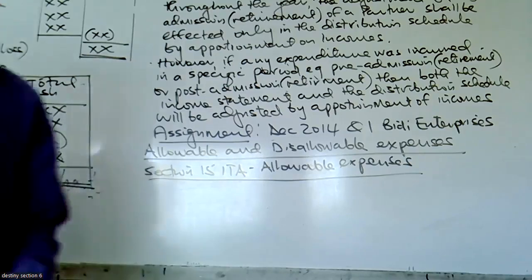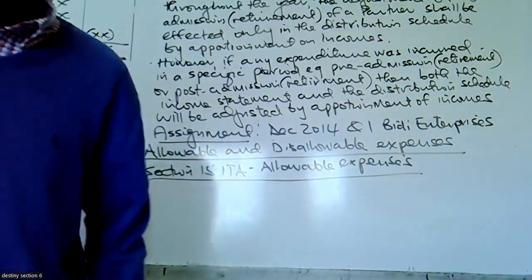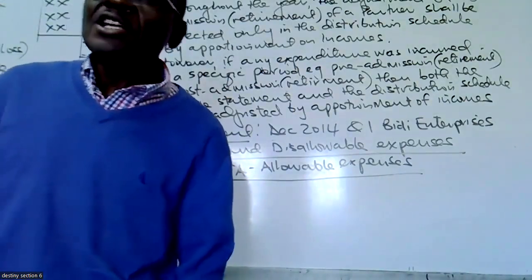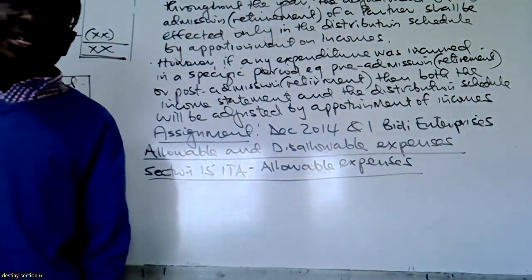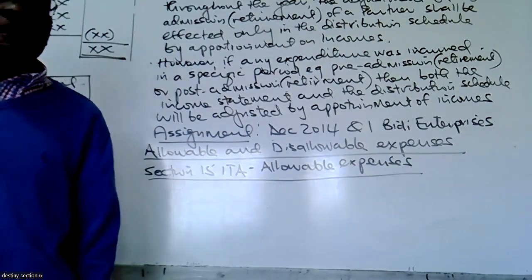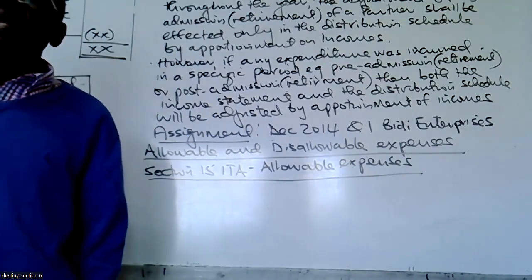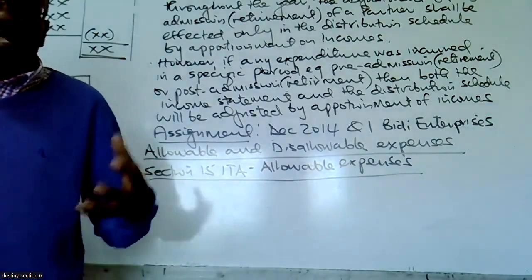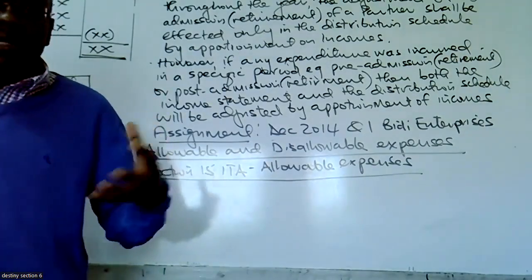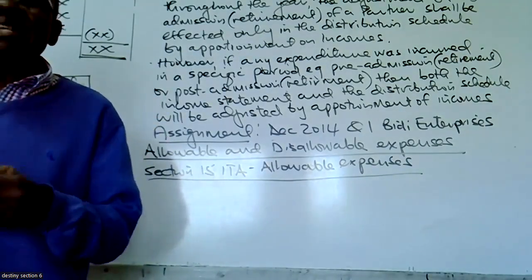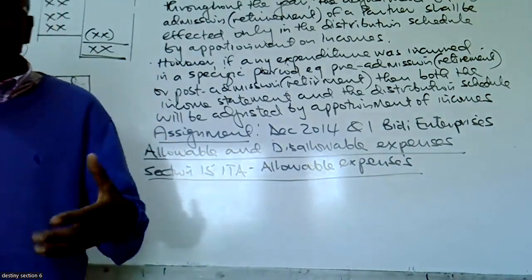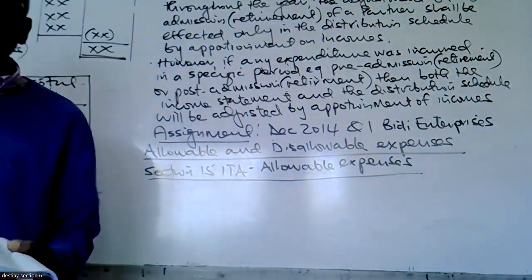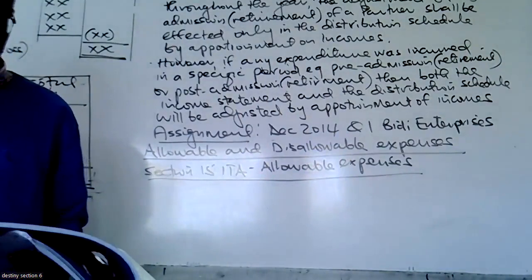So section 15 of the Income Tax Act has a list of what we would refer to generally as allowable expenses. The list is not an end in itself, but it will give you some principles or basic guides that will help us determine, anytime there's a question of what is allowable and what is not allowable, then we shall refer to these principles.